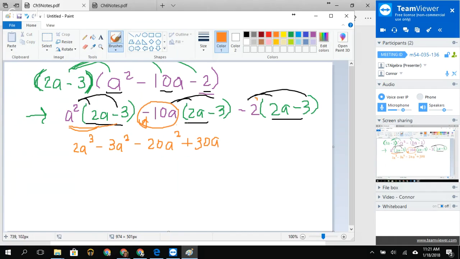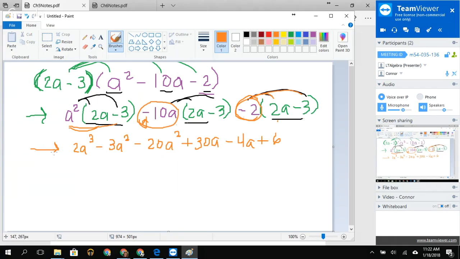And then our last term, again, we have a subtraction, so we carry that subtraction to make that the -2. So we distribute that to each: -2 times 2a is -4a, and -2 times -3 is positive 6.